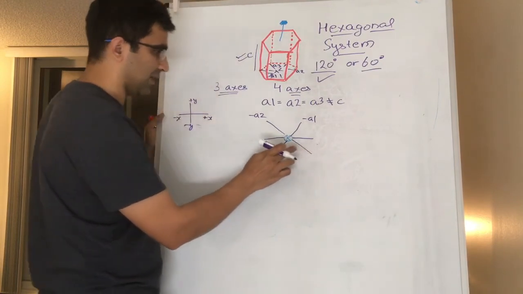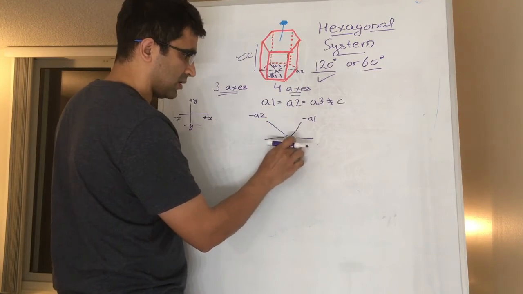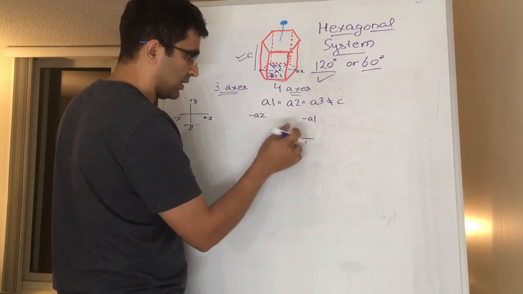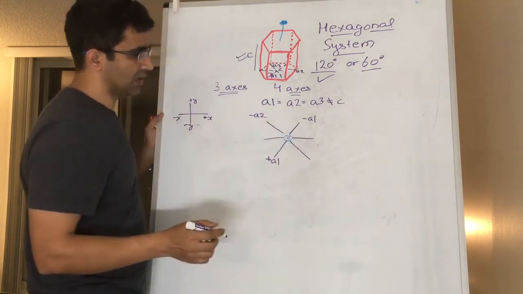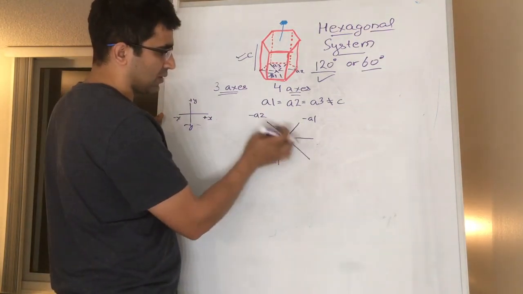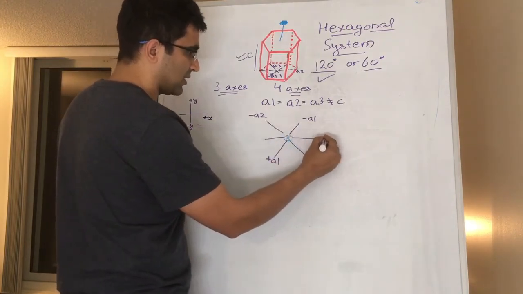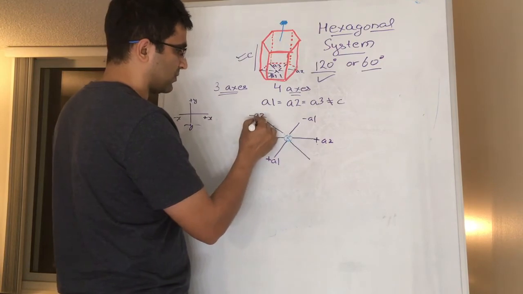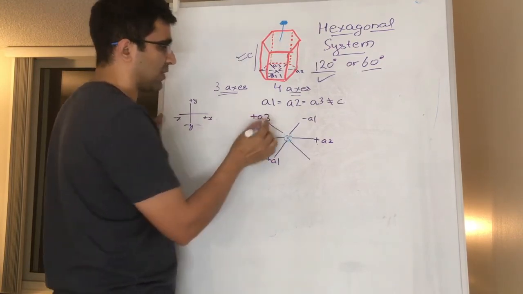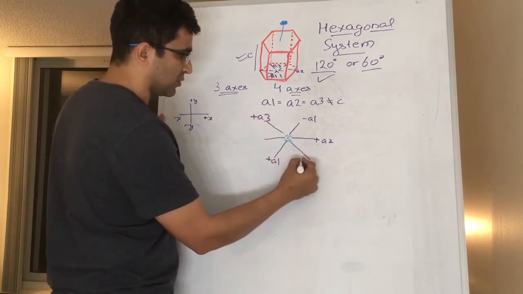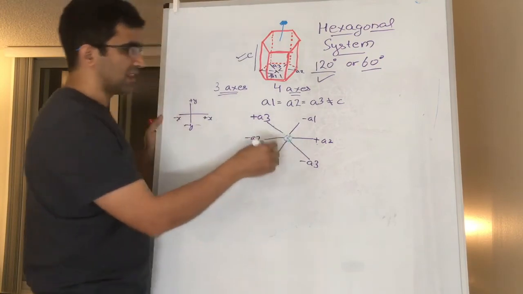The way we will have it in this particular case is that these angles should all be equal, so you have 3 angles: one, the second one, and the third one. So this is plus a1, this will be plus a2, and this will actually be plus a3. This way you will have these angles. So this becomes minus a3, this becomes minus a2.